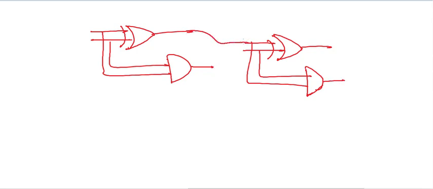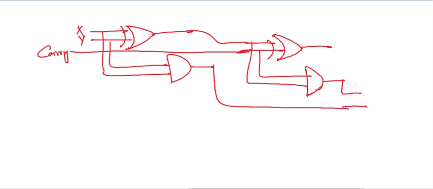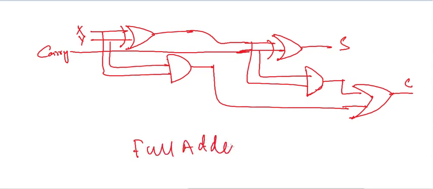And the carry bit is going to be input here. So this was X and Y, and this is the carry bit, and between these two AND gates we are going to put what? An OR gate. So that's our full adder circuit. So this is the sum part and this is the carry part, right? So this is your full adder circuit diagram.